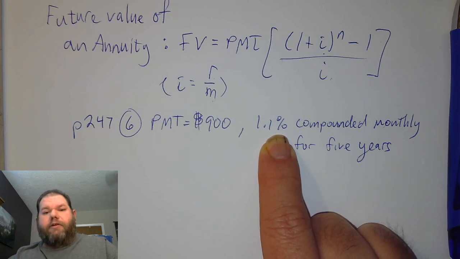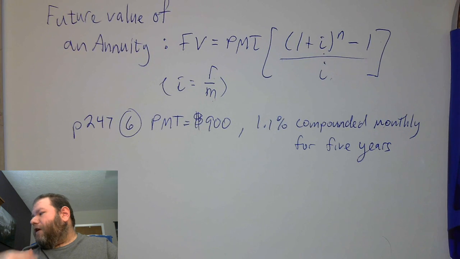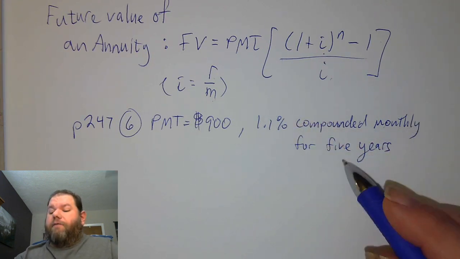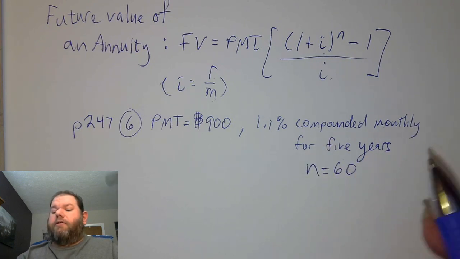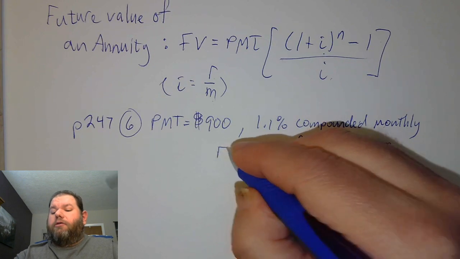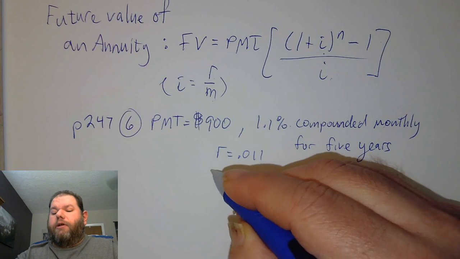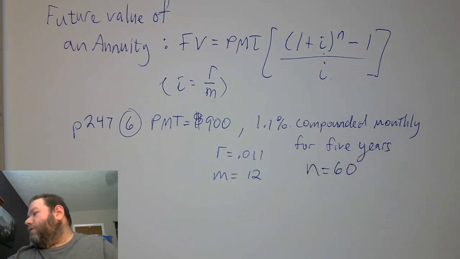In that example, we would just divide, so I would be equal to the interest rate divided by the number of payments per year. We have 60 total payments, 5 years monthly. N equals 60, but R, 1.1%, is 0.011, and M is 12 payments per year.